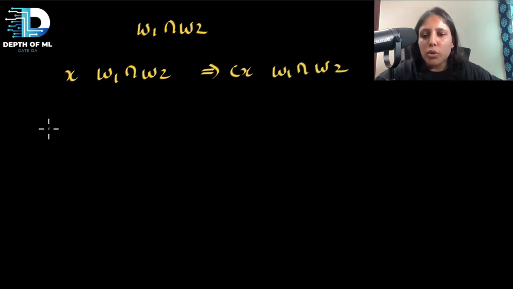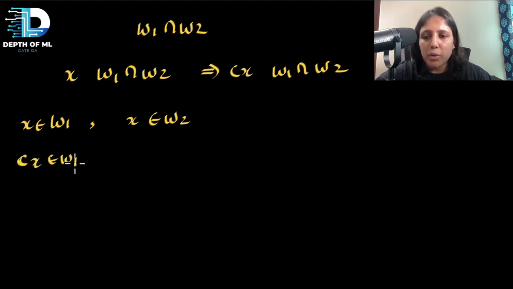Okay. So say X belongs to W1 and X also belongs to W2. Since X belongs to W1, we know that Cx will also belong to W1 because this is a valid subspace. Similarly, Cx will also belong to W2 because W2 is a valid subspace.